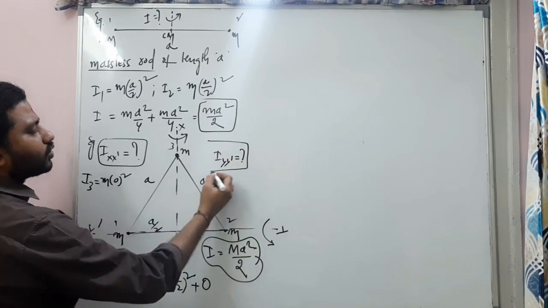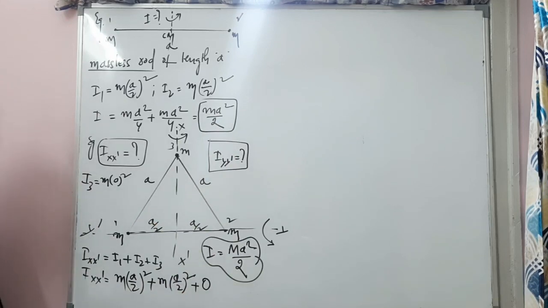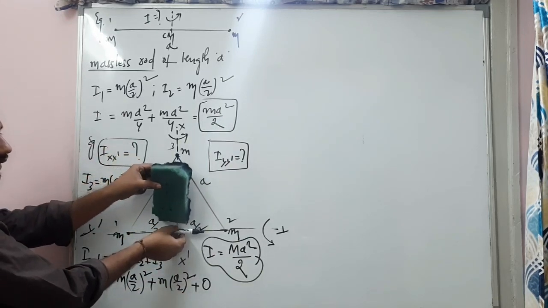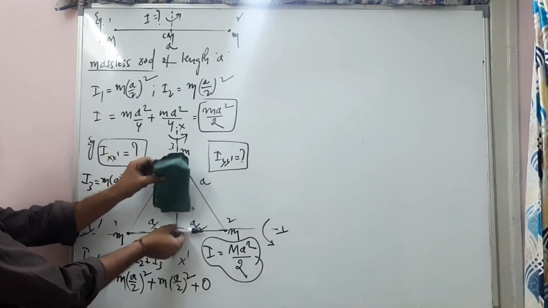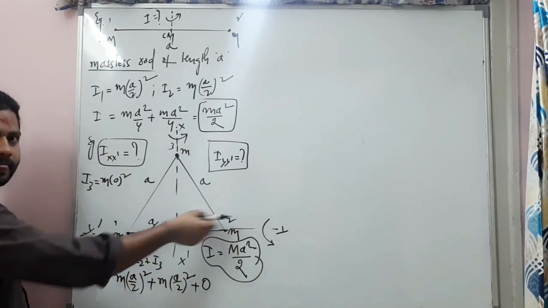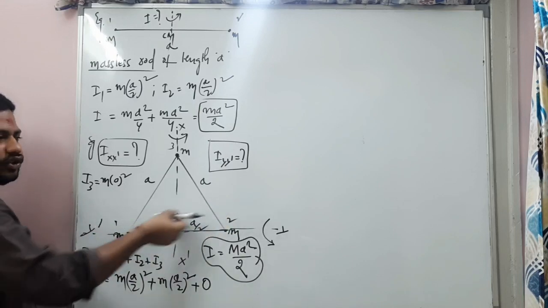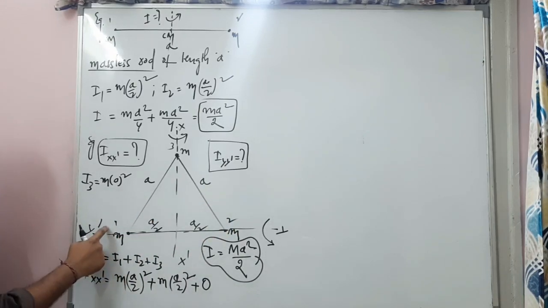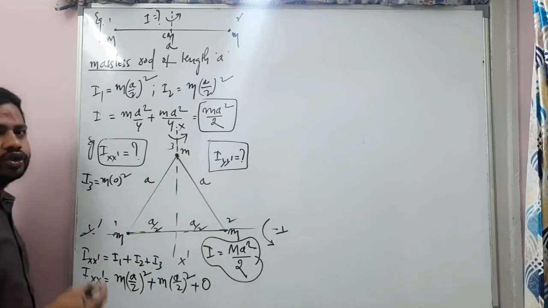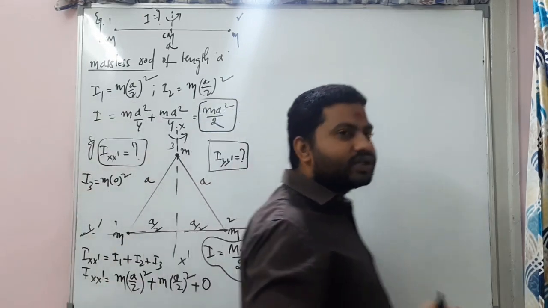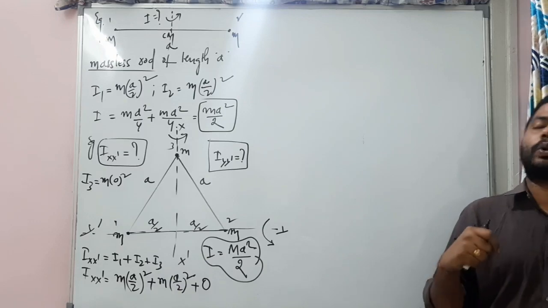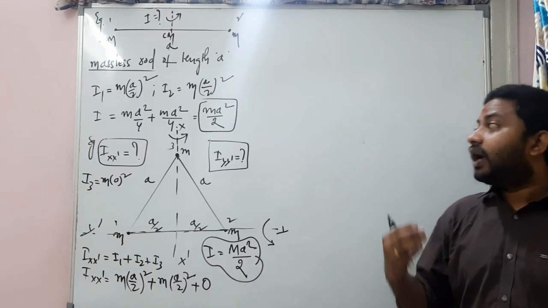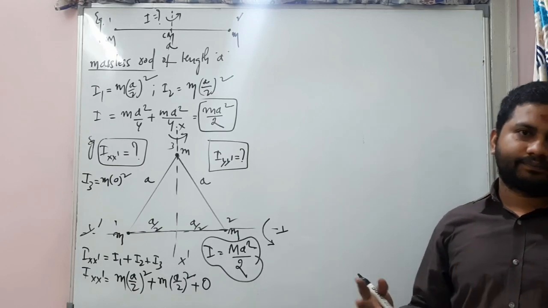Right now you should solve and tell me. The complete triangle is rotating like this about this axis of rotation. The moment of inertia of the system is I1 plus I2 plus I3. Solve this and send the solutions right now in the WhatsApp group, not after the classes, right now, so that your confidence and concept will build up.